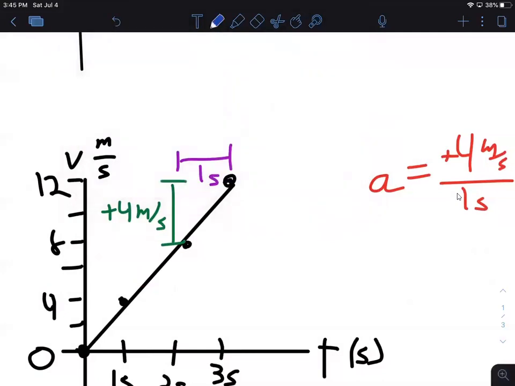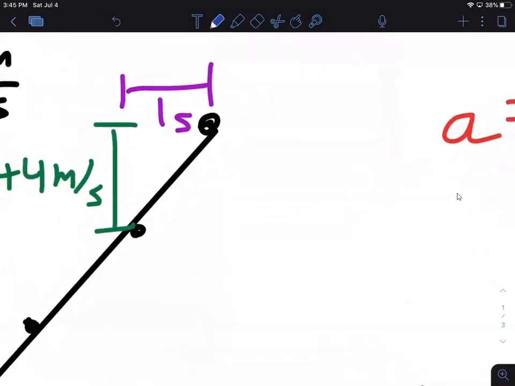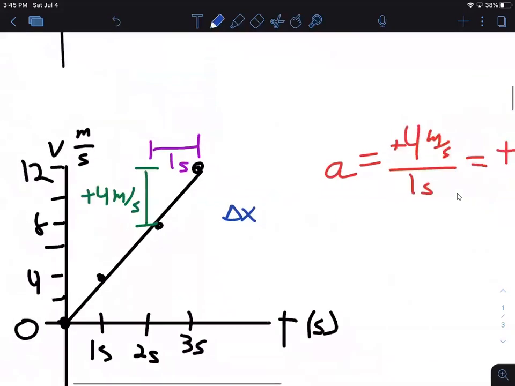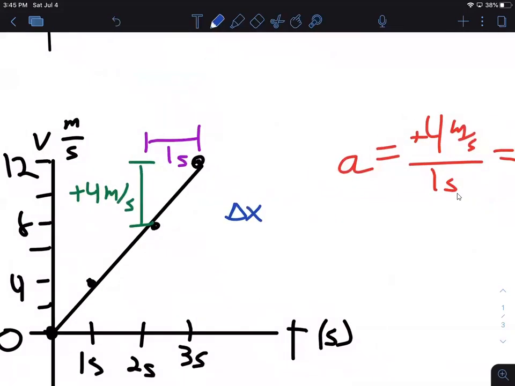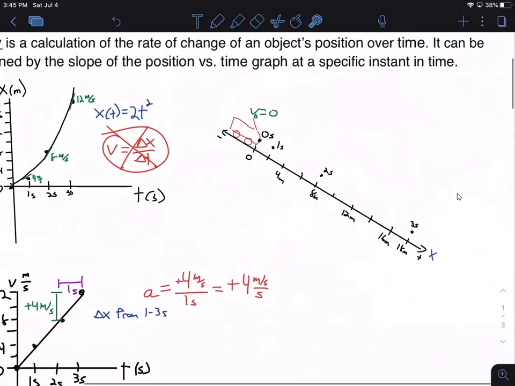So let's say I wanted to find the delta x, the change in position or the displacement, from the first to the third second. How much did my position change going from the first to the third second? And you might say, oh, well, we can just look at our position versus time graph and that would work, right?